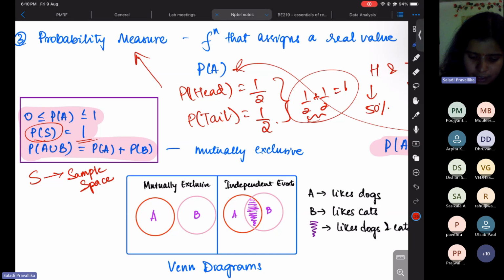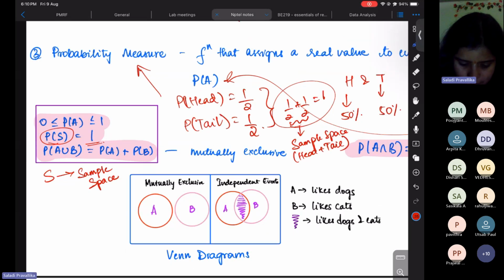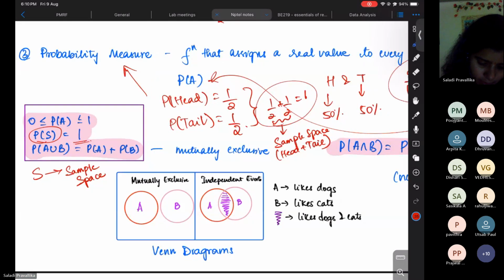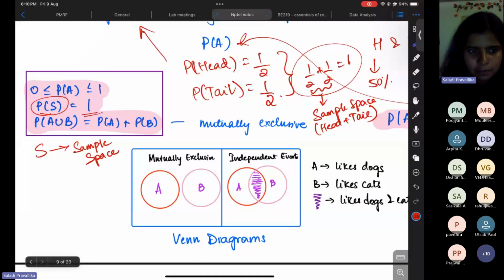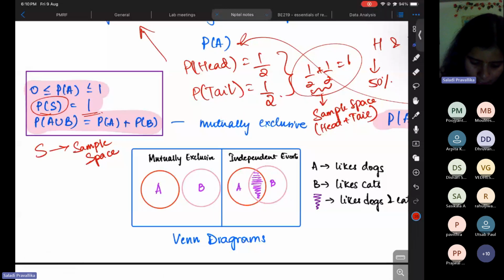So this 1 by 2 and 1 by 2 together is nothing but the sample space, right? That is head plus tail. So that is nothing but 1. And I hope the probability of the sample space being equal to 1 is clear.